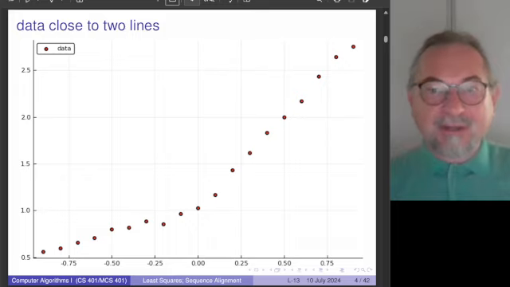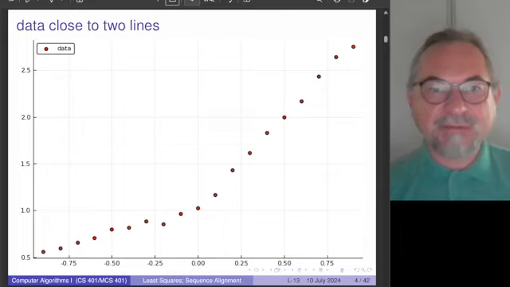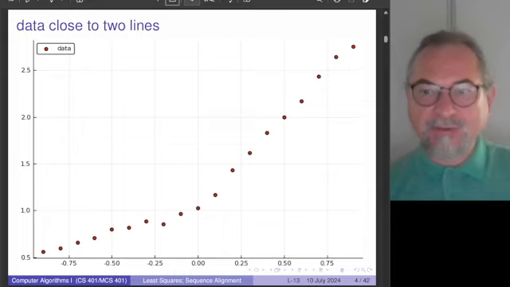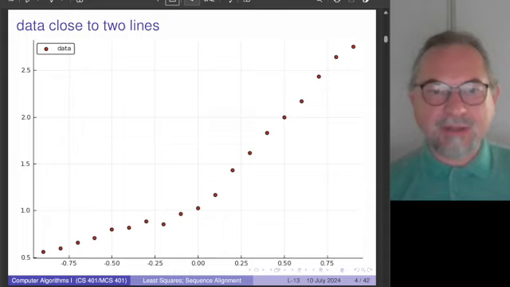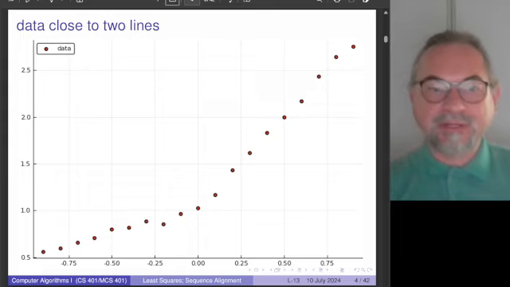Okay, so what is our segmented least squares? Well, suppose that we know that our trend is piecewise linear, so we have an upward going trend, but then the trend, actually the slope, starts to increase.